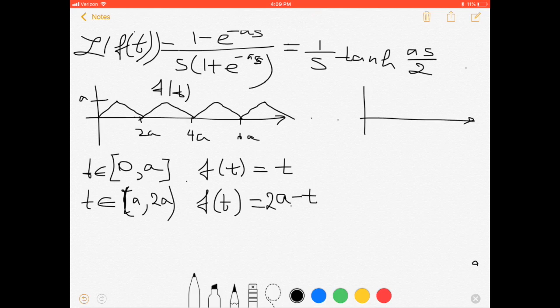What happens if you take the derivative? From 0 to a, it will be 1. This is a. From a to 2a, it will be negative 1. Then it continues 1, negative 1. This means exactly the function from our first example. This is the derivative, f prime of t. And now I can use the definition for the derivative and the relation between them.